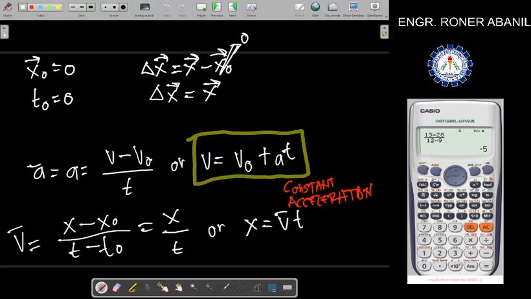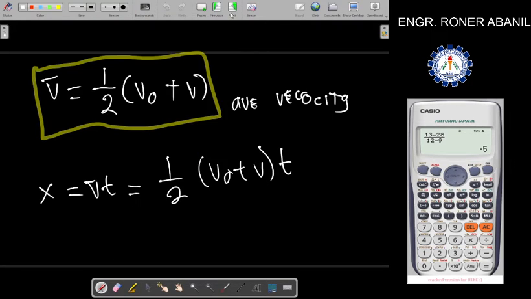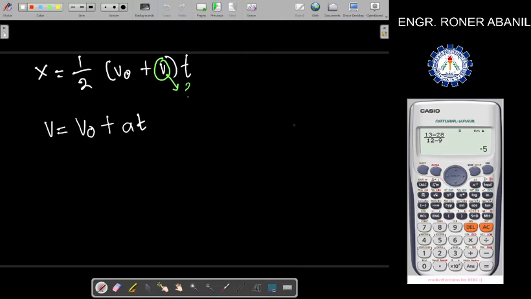Ayan. Ito. Constant acceleration. No? Merong ibinigay na acceleration, merong binigay na time. So, pwede nating ipasok tong v na to dito. Okay?